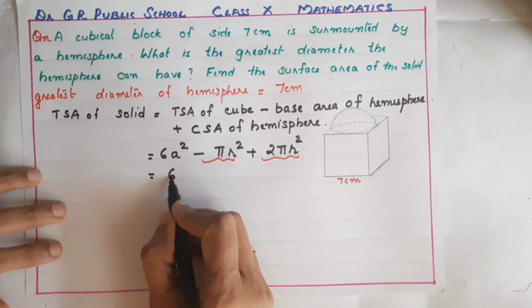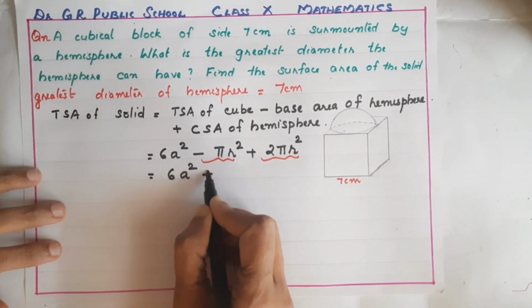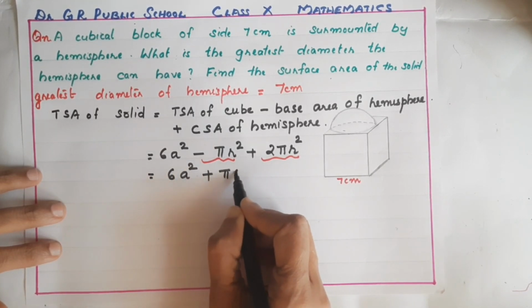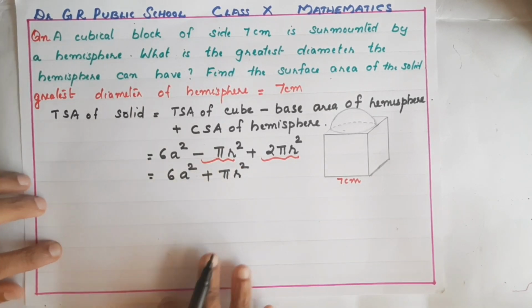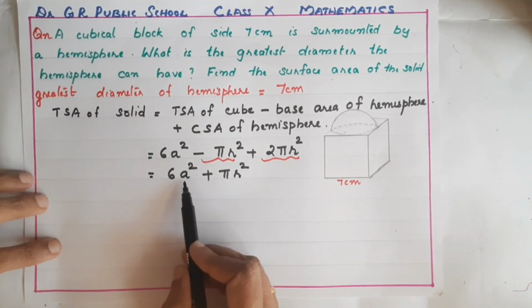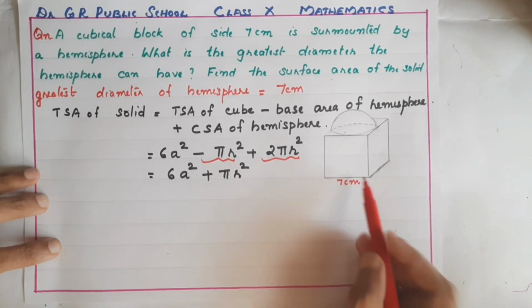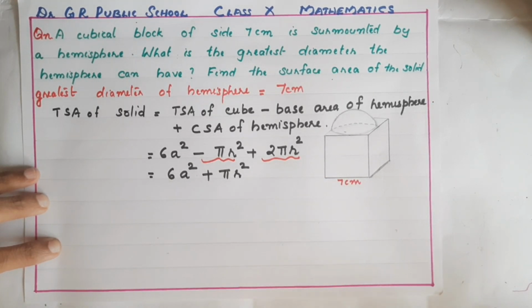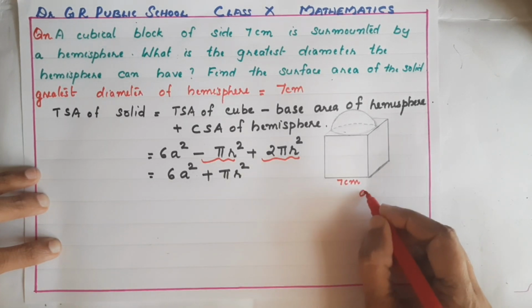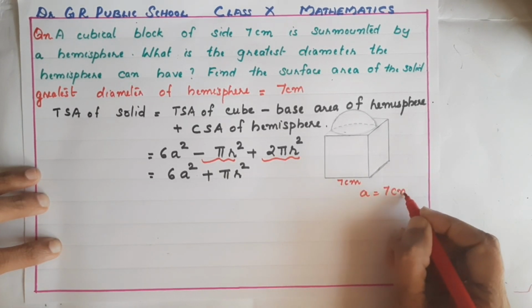So the formula becomes 6a square plus pi r square. Now we can substitute the values. What is a here? A means side of the cube. A is equal to 7 centimeter.